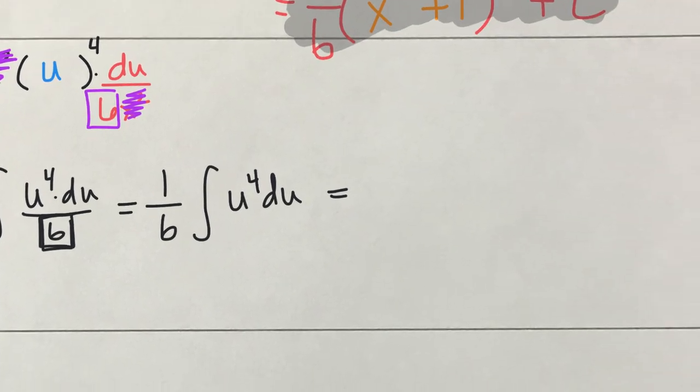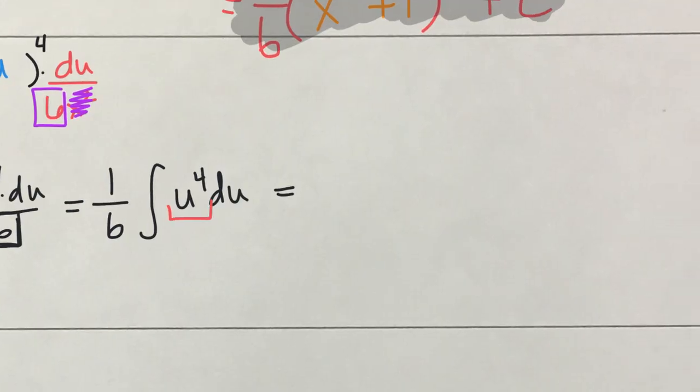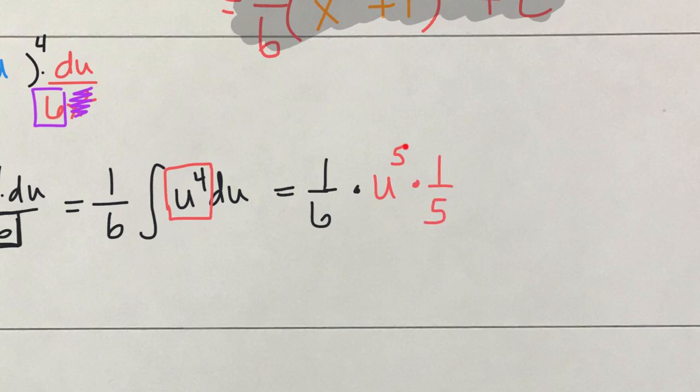So let's go ahead and take the antiderivative of u to the 4th. We have 1/6 still times the antiderivative of u to the 4th, which is u to the 5th times 1/5. We have the power, we add 1 to the power, so 4 plus 1 is 5, and then you multiply by the reciprocal of your new power.